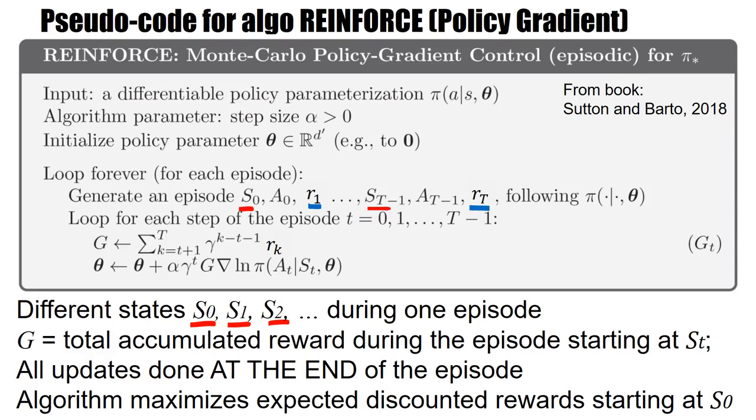And each time we calculate this total return. Let me just write this now as a return. This is what I called on the previous slide the return from a given state to the end. The end is characterized by this big T. And then we update the parameters with this formula here. And we do this in a loop. So it's not just one term, it's a loop. For each step of the episode, we have one of these terms.